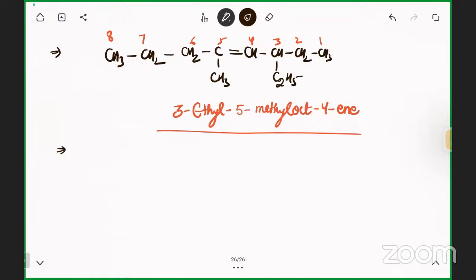So now you give the priority to the substituent. For example, on the third position, ethyl is present. If I do the numbering from the left side, CH3 is coming on the fourth position, and from the right side, CH3 is coming on the fifth position. So if I have the substituent near, then I give priority to that particular order.